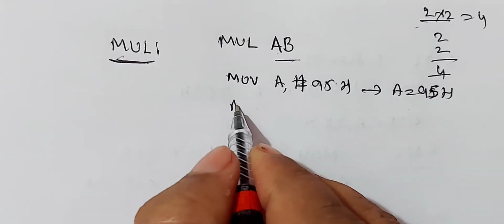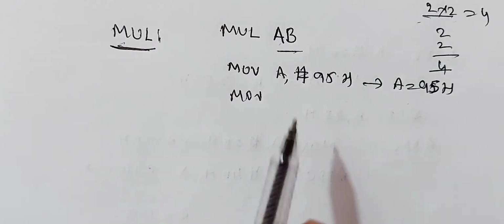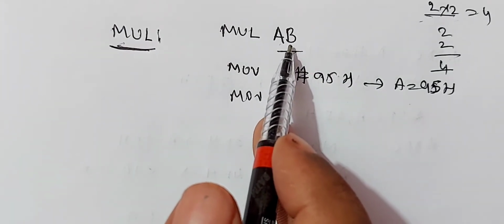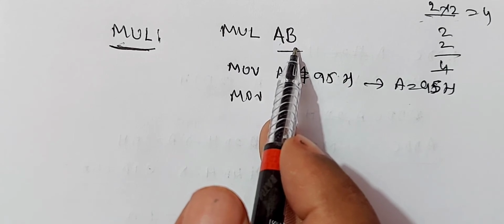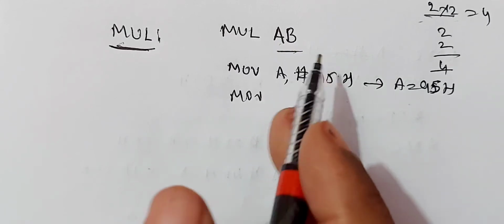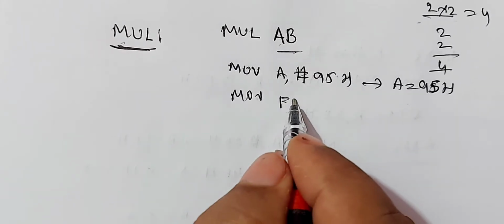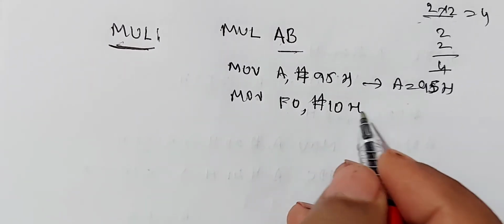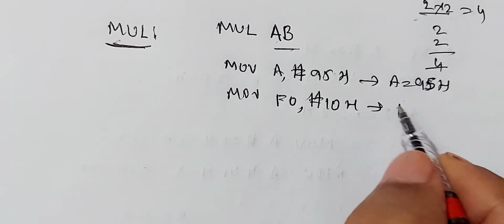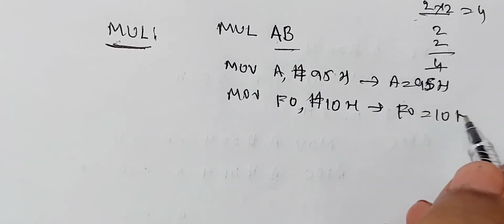I will load another value to the register B. You cannot write register B by name. You have to represent the register B by its address only. The register B address is F0. MOV F0 comma hash 10H. That is, the register B contains 10H.